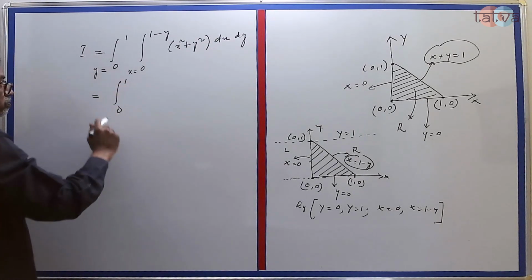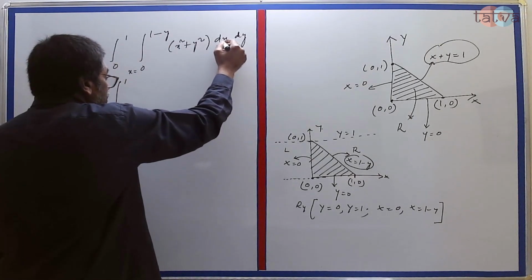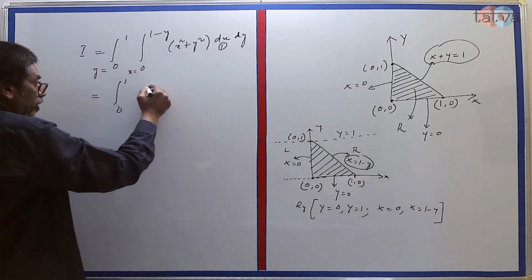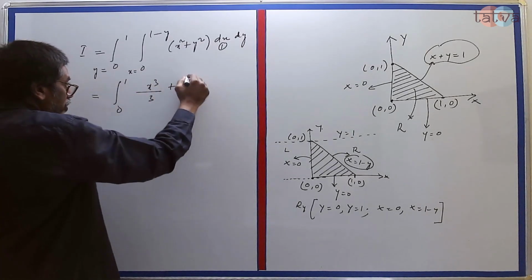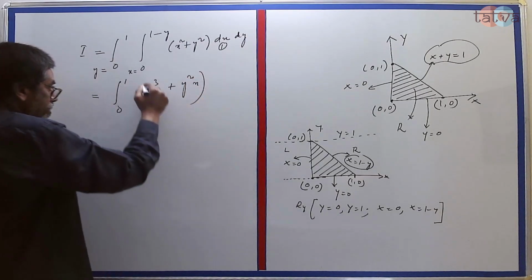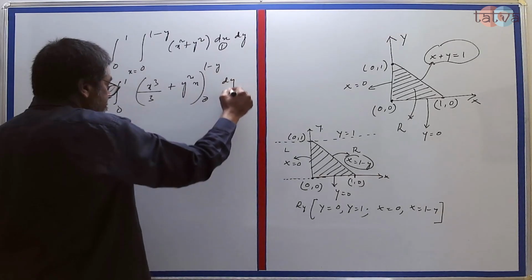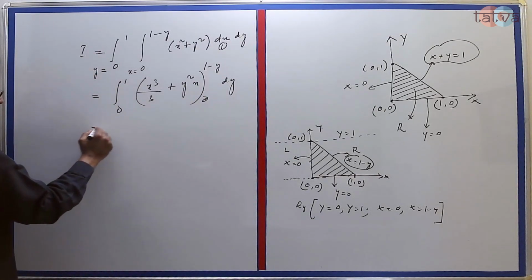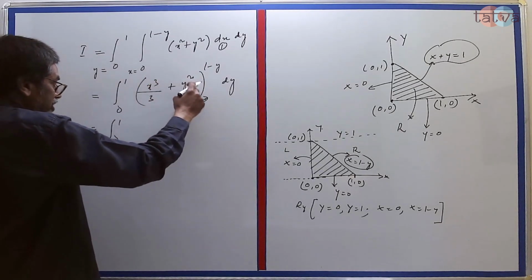0 to 1. The integration of x squared, because we are initiating the integration with respect to x, will be x cubed by 3 plus y square x, from 0 to 1 minus y, dy. Submit the limits in place of x.